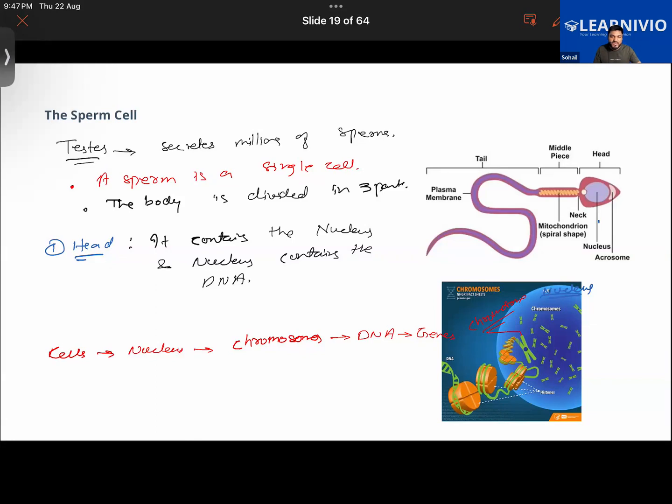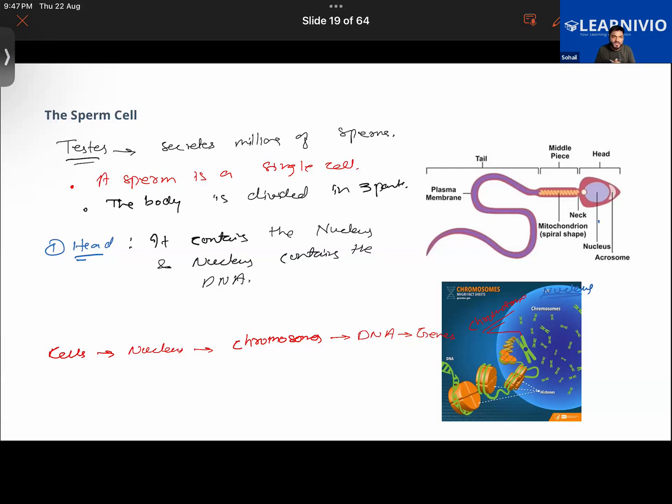Did you get the idea of where the nucleus, the chromosome, the DNA, and the gene are found? Let me just repeat it again. In the human body, genes are found in the chromosomes, and chromosomes are found in the nucleus of the cells.